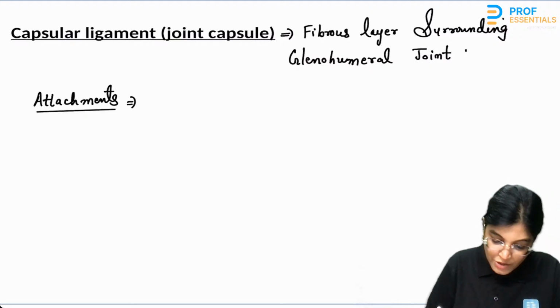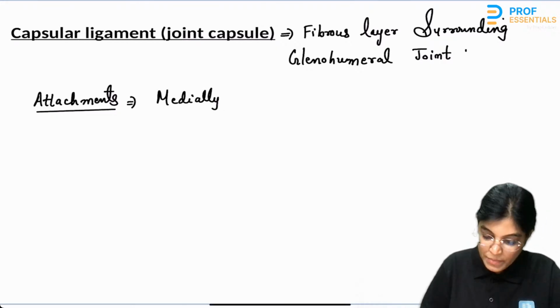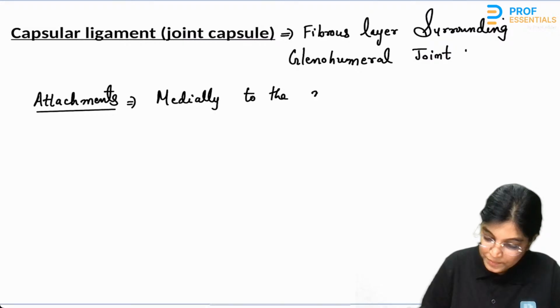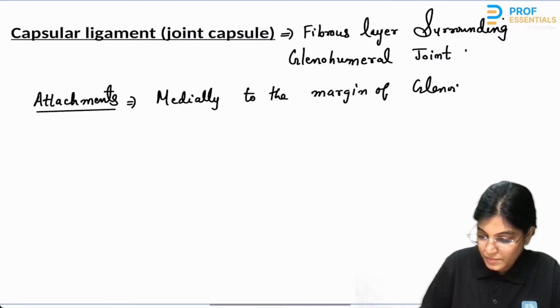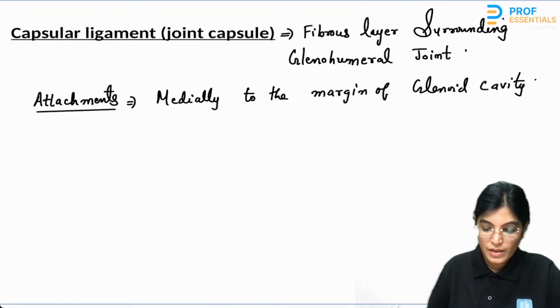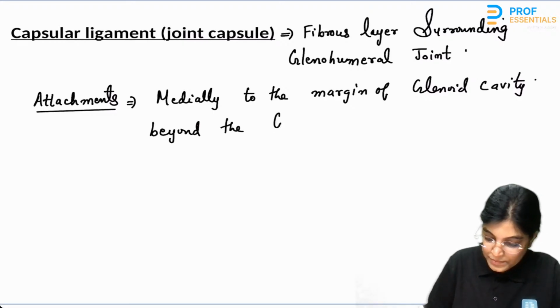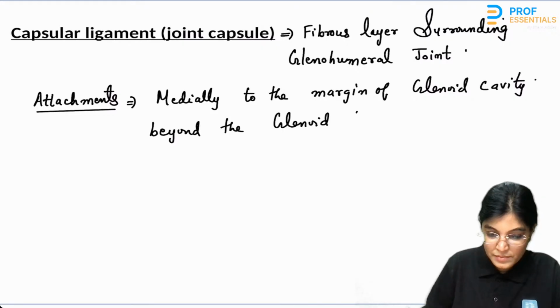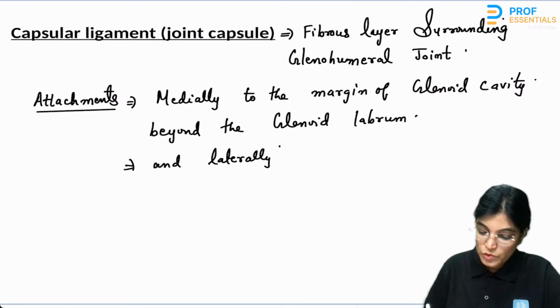Attachment. So it is attached medially. The fibrous capsule is attached medially to the margin of the glenoid cavity, beyond the glenoid labrum, and laterally to the anatomical neck of the humerus bone.